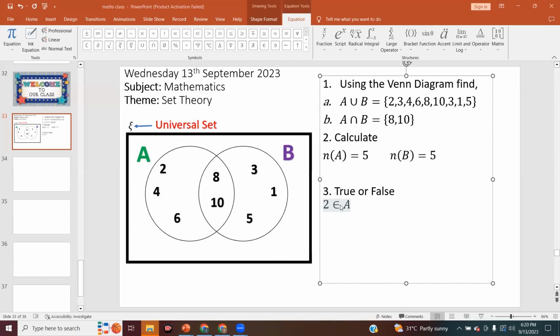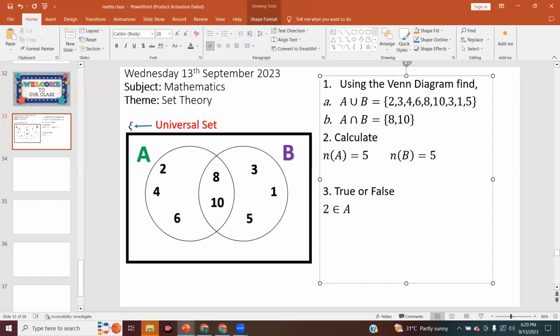Would you think the answer is true or false? 2 is an element of A. Everyone answering, please put your answer inside the chat. Is that true or is that false?